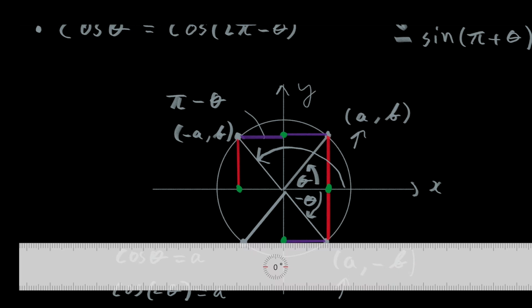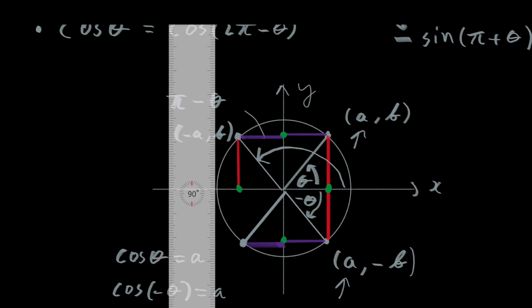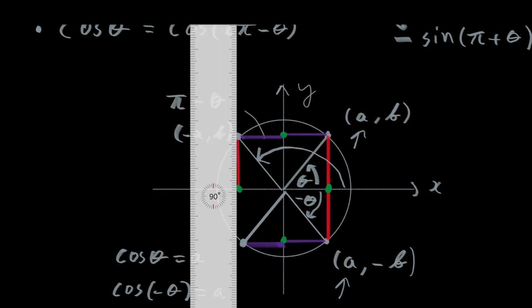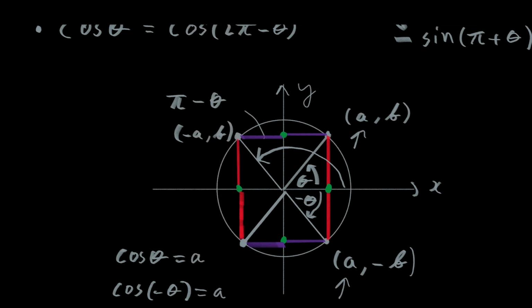Now, similar reasoning to the previous identities would tell us what its x and y components would be, because we can see where they intercept the x and y axis respectively.